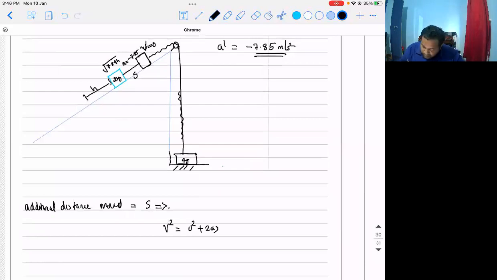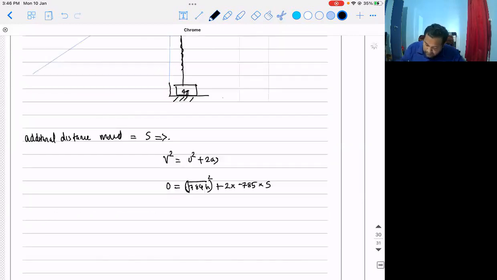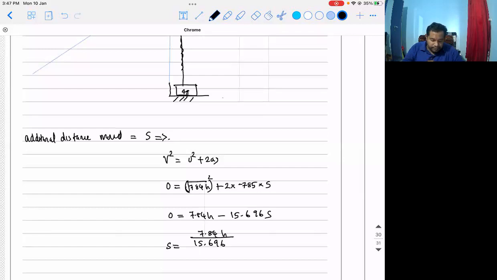So 0 is equal to root of 7.84 h whole square plus 2 times acceleration, which is minus 7.85, times S. So 0 is equal to 7.84 h minus 15.696 S. Therefore, S is equal to 7.84 h divided by 15.696.